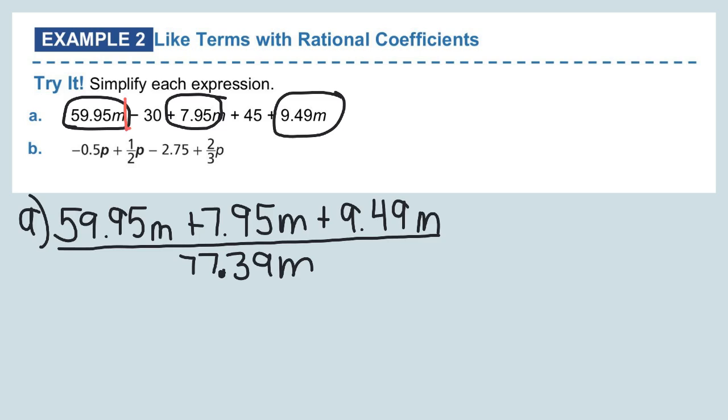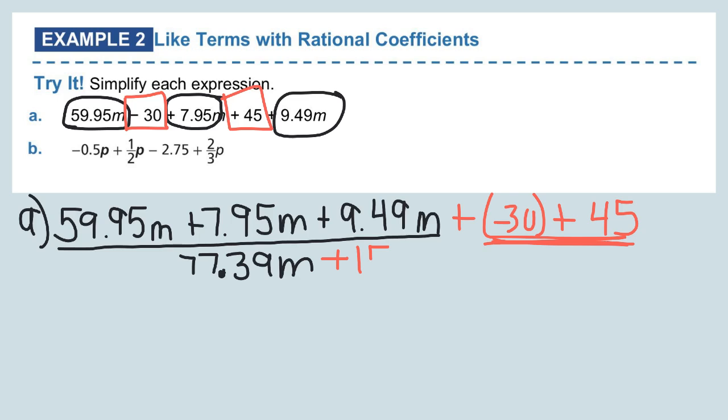I also had some constants. I had a -30 and a 45. If I add those together, I will get 15. And those are definitely fine separately, so that is your answer. Give yourself a star should you have had it right. Fix it if it wasn't.